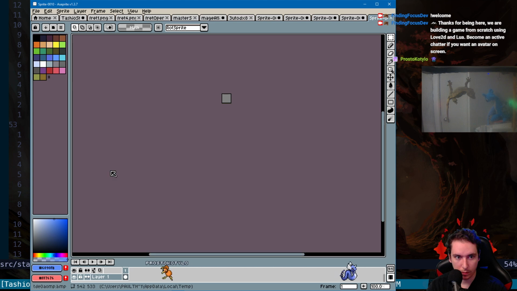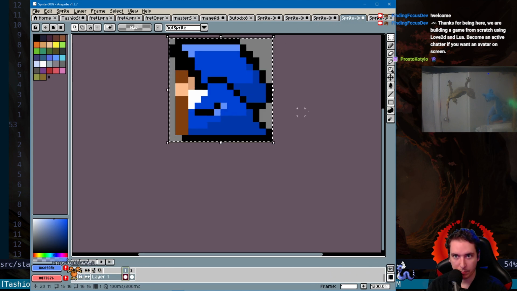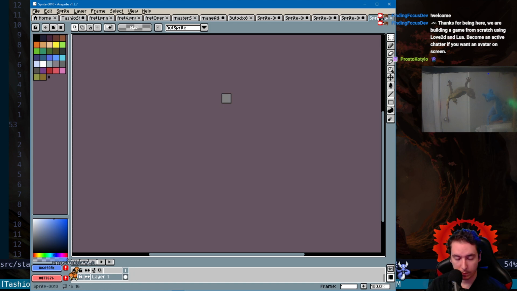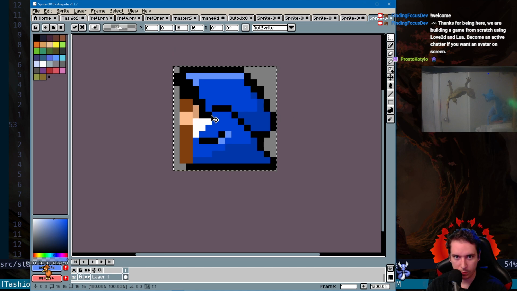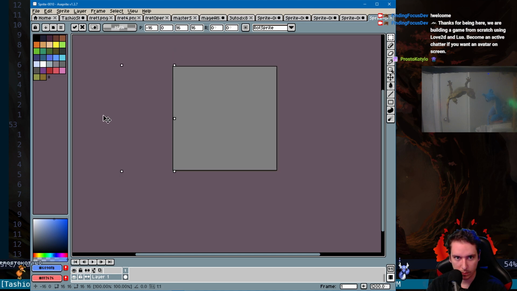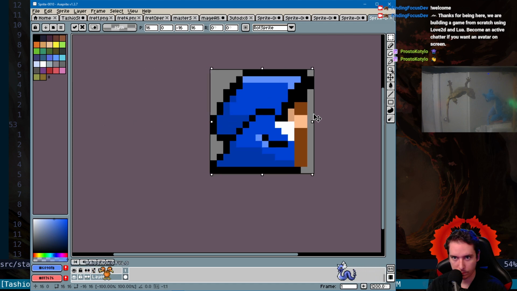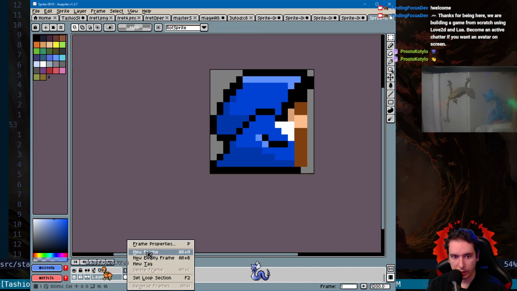Now let's pull up, yeah, facing left up. This will be our starting point. We do know we need 2 frames.